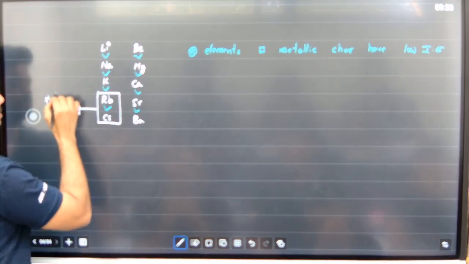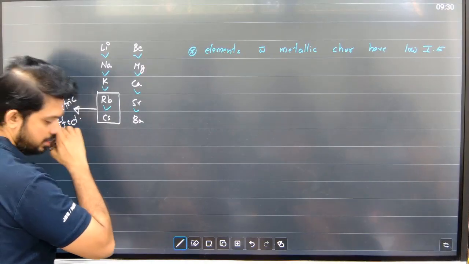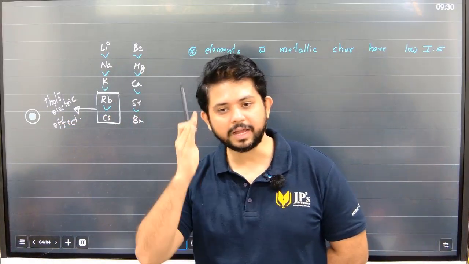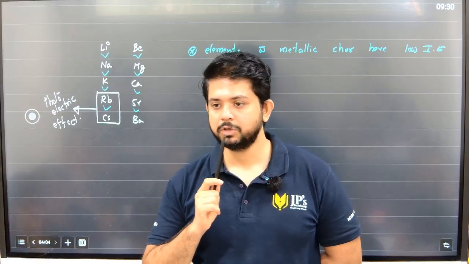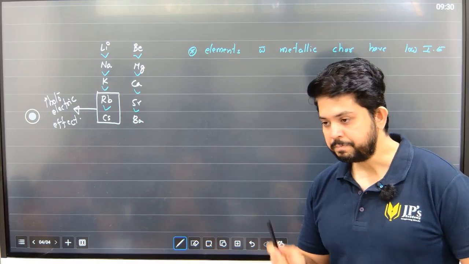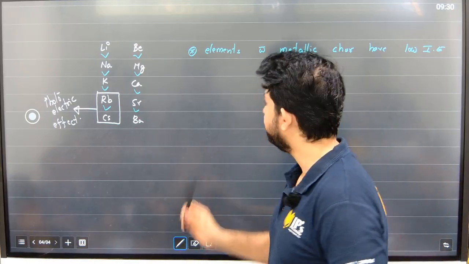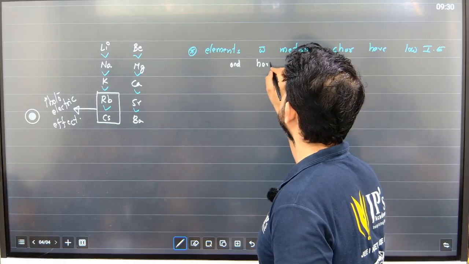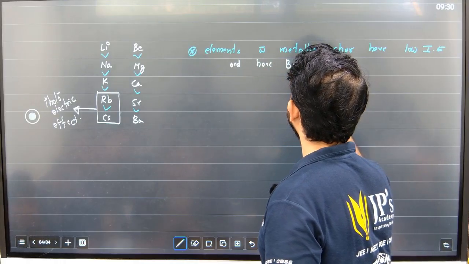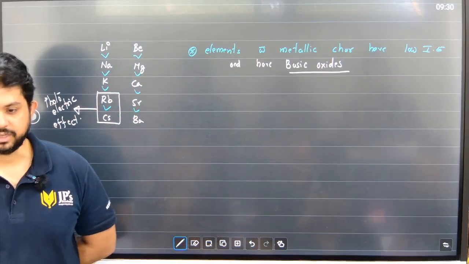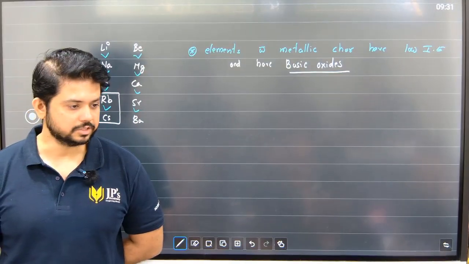To check for photoelectric effect. If you remember in photoelectric effect, हमने जो metal rod बनाया था, वह हमने potassium, rubidium और cesium लिखा था. These elements can be used because they have low ionization enthalpy. And not only that, elements with low ionization enthalpy, okay, they have metallic character and have basic oxides, or their oxides are basic in nature.